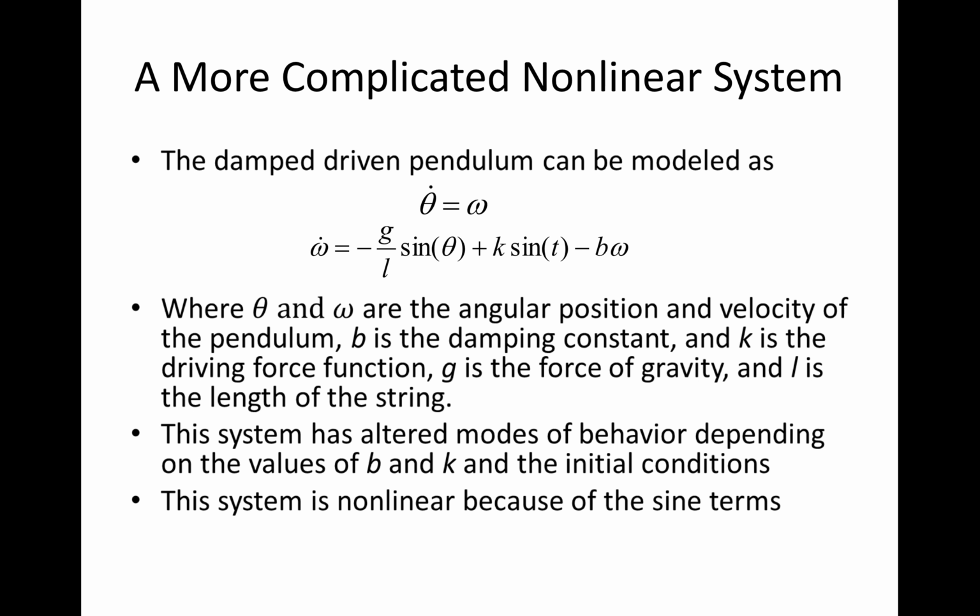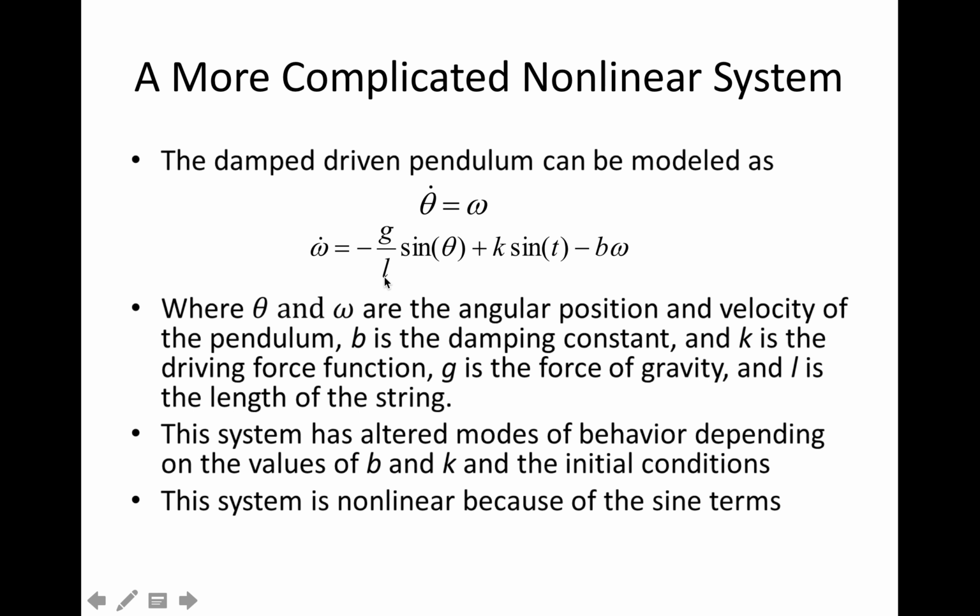And then we have a relationship between the angular acceleration and the angle, the position, the time, and the velocity. So basically B is a damping constant, K is a driving force term, G is the force of gravity, and L is the length of the string.